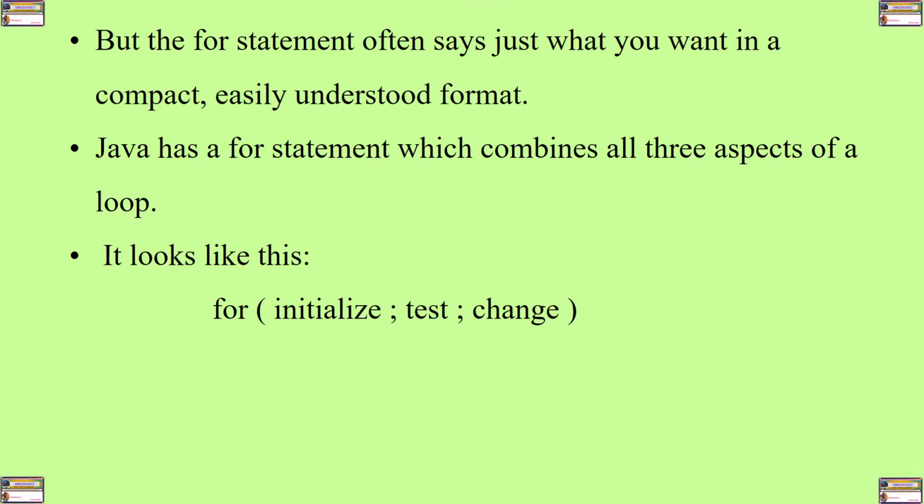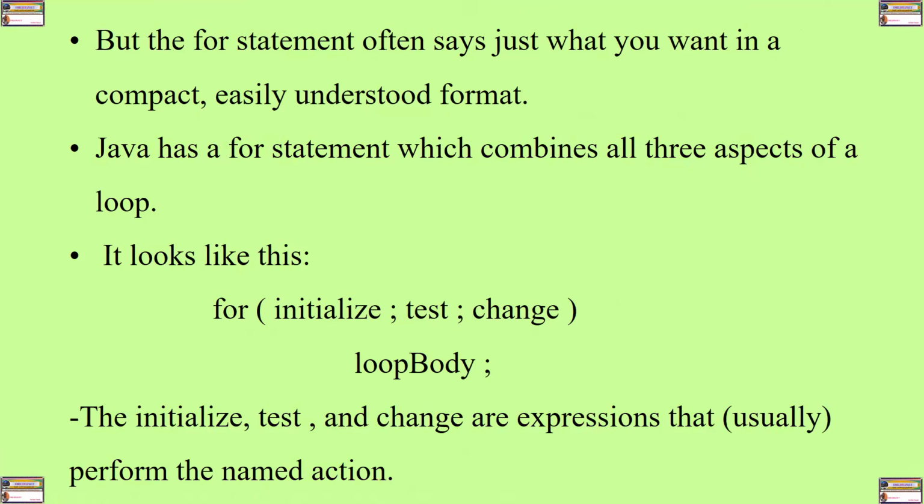If it evaluates to true, you execute the statements within the loop body, and then you increment the counter and test the condition again. You continue that way until the condition evaluates to false.